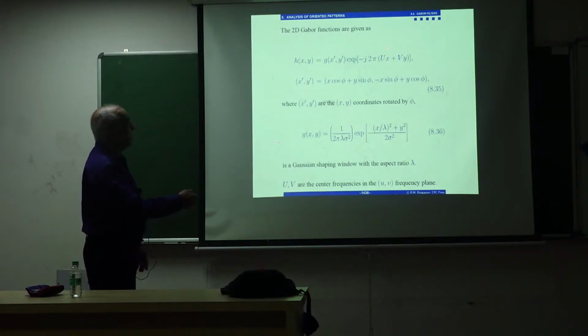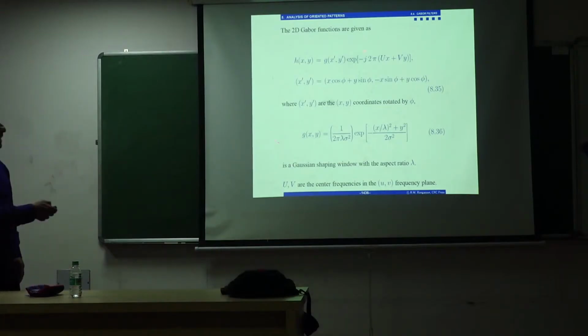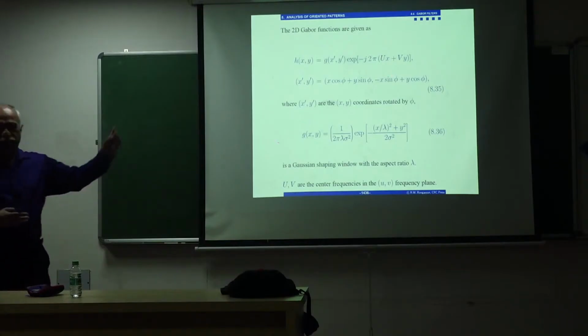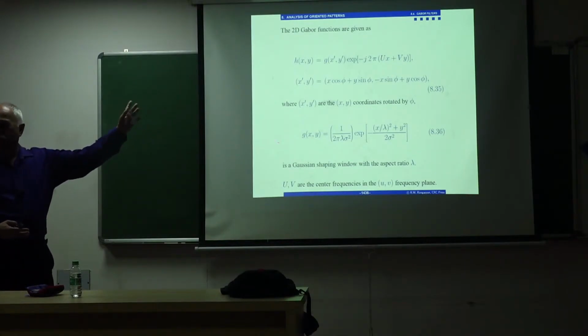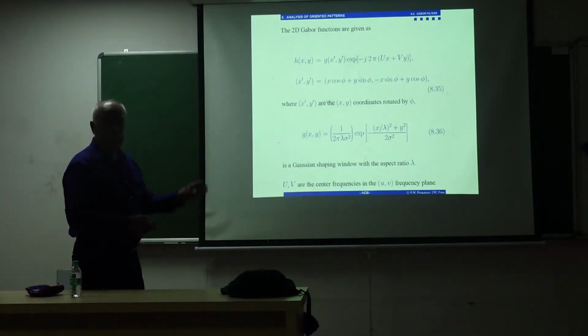So these are the frequency values of the modulating function. So you can say, yes, this is a Gaussian modulated using a complex exponential. If you don't want complex, you just use sine or cosine. That's fine too. So you're shifting the frequency.